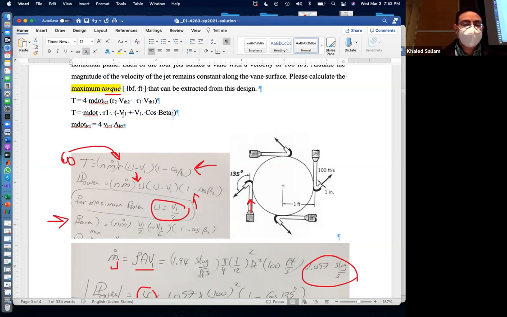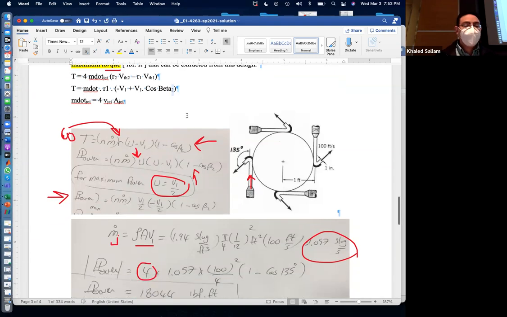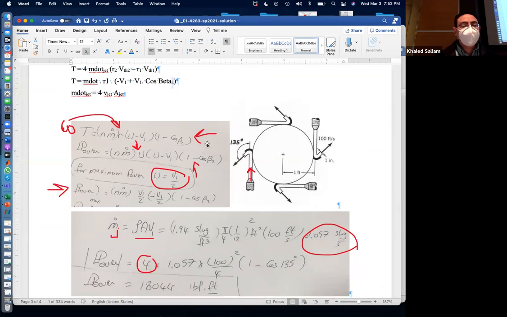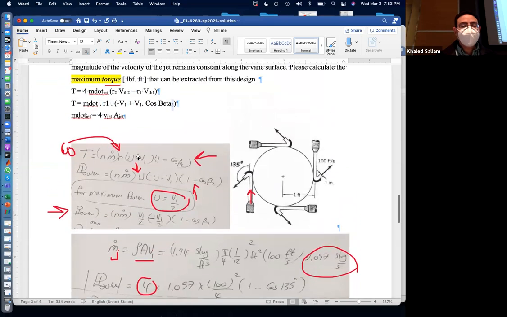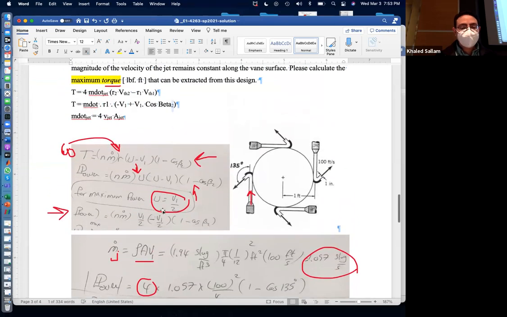You notice that v1 and v2 are the same. Either way, whether you start from this, you will immediately realize this is the equation. Or if you have this equation for a built-in wheel and set u equals 0, you will end up with the same equation.